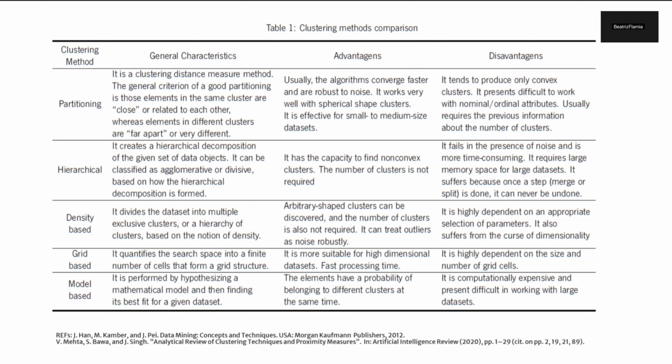Partitioning is the class that k-means is part of, and it's normally most appropriate for rounded clusters. Most of the time it cannot work with complex shapes; it tends to produce only clusters related to simple geometry.